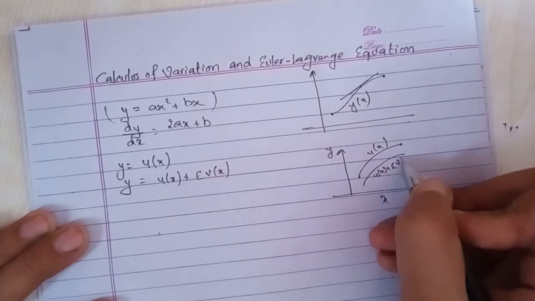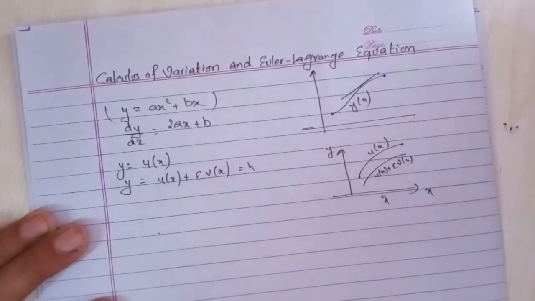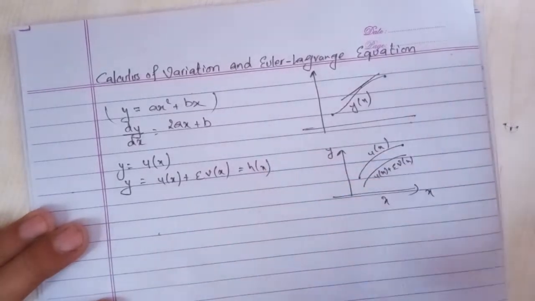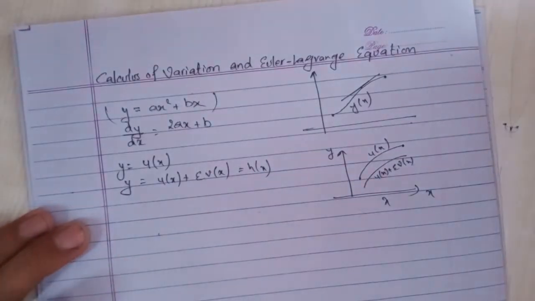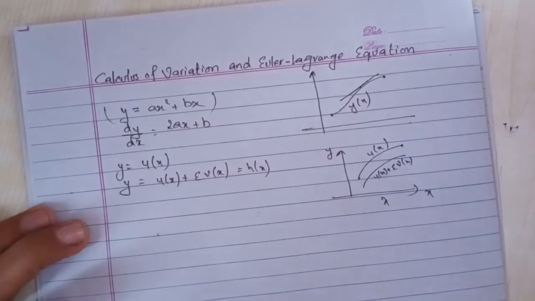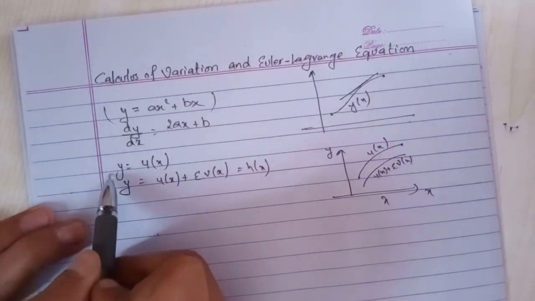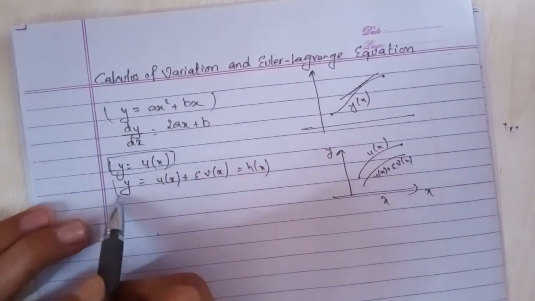We can also consider it to be h(x) or anything like that. So what we will do in calculus of variation is study the changes in the y equals u(x) as a whole.